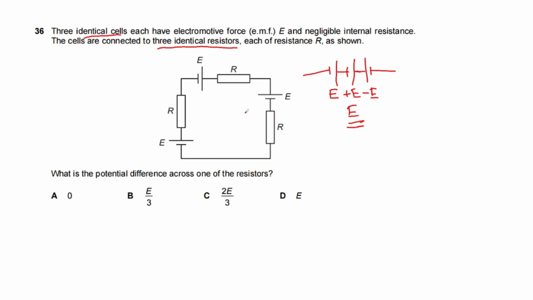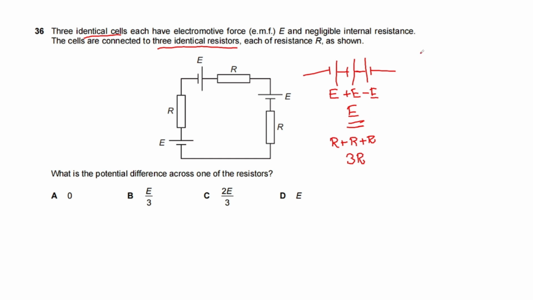And it is passing through the identical resistors, right? So you can find the total resistance of the series circuit. The three resistors are connected, so it will be added, R plus R plus R, which means 3R is the total resistance in the circuit. So you know the EMF value and the resistance value.